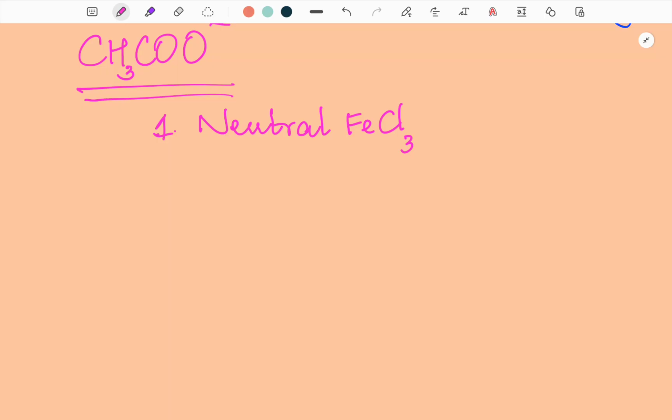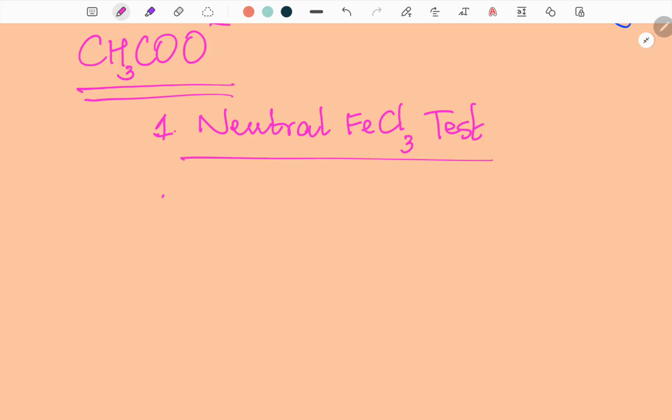As a result, we add a few drops of a base while preparing ferric chloride, and that will be neutralizing the acidity of the FeCl3 salt. So we need to learn what this neutral ferric chloride test is.